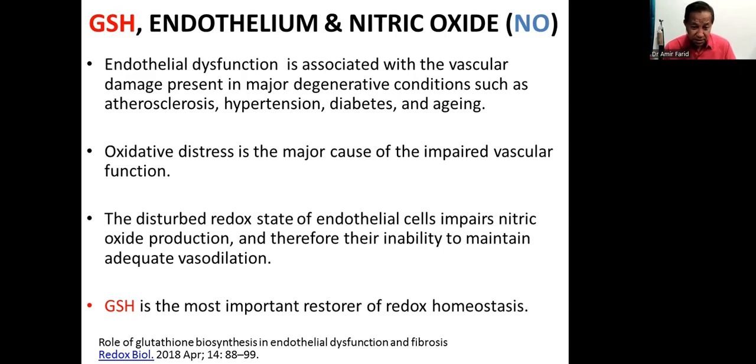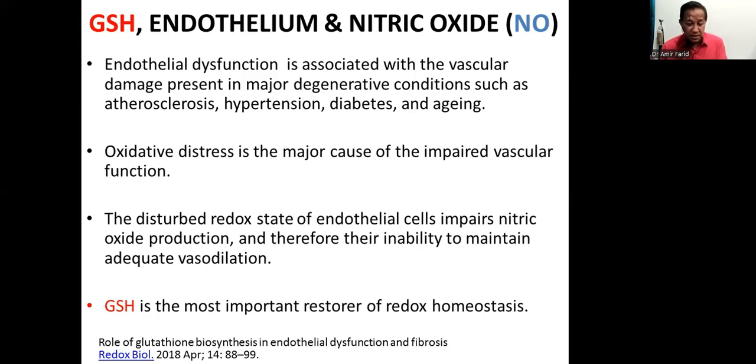So because oxidative stress is the major cause, then you know that glutathione is a very powerful antioxidant. And indeed, glutathione is found to be the most important restorer of the redox homeostasis, or the redox balance, in the endothelial cells. So you can see glutathione has a very important role in maintaining the health of the endothelium of our blood vessels.